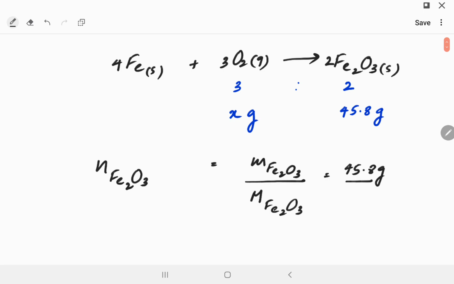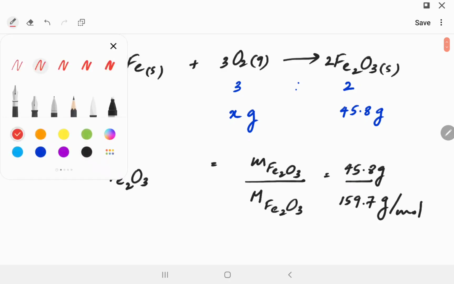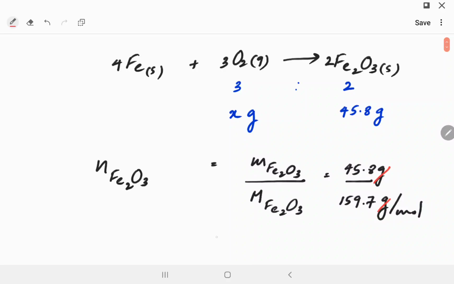If you add them all up, the total is going to be around 159.7 grams, but this is not just grams, it is grams per 1 mole of iron oxide. So grams to grams will cancel out, and your answer will be in moles.